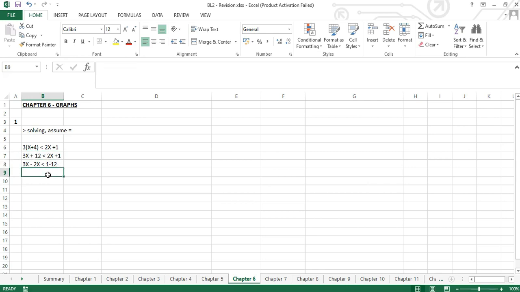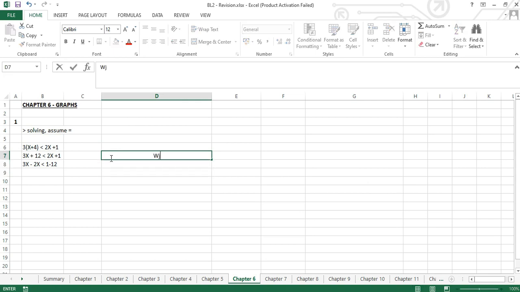You remember only when it comes to solving inequalities, there is a rule that when you multiply or when you divide, the inequality sign changes to the opposite sign. Remember this is a learning point. Inequality sign changes to the opposite sign.